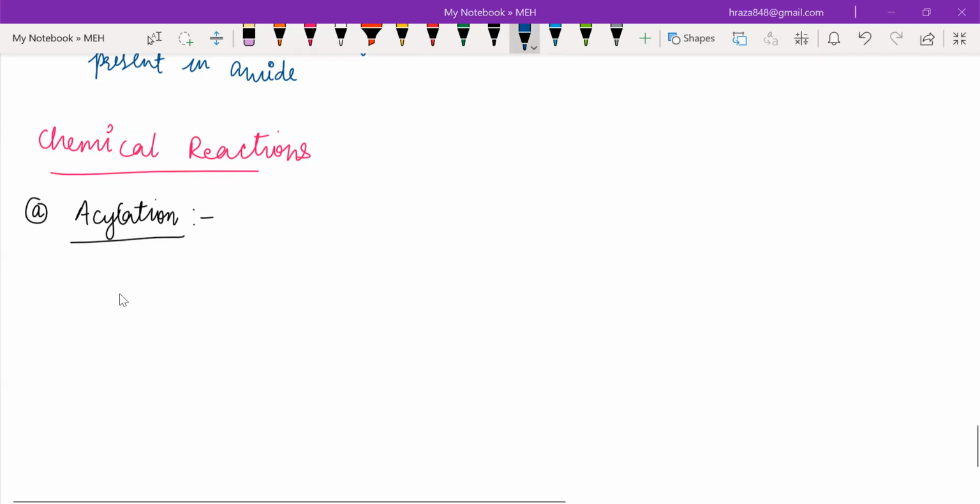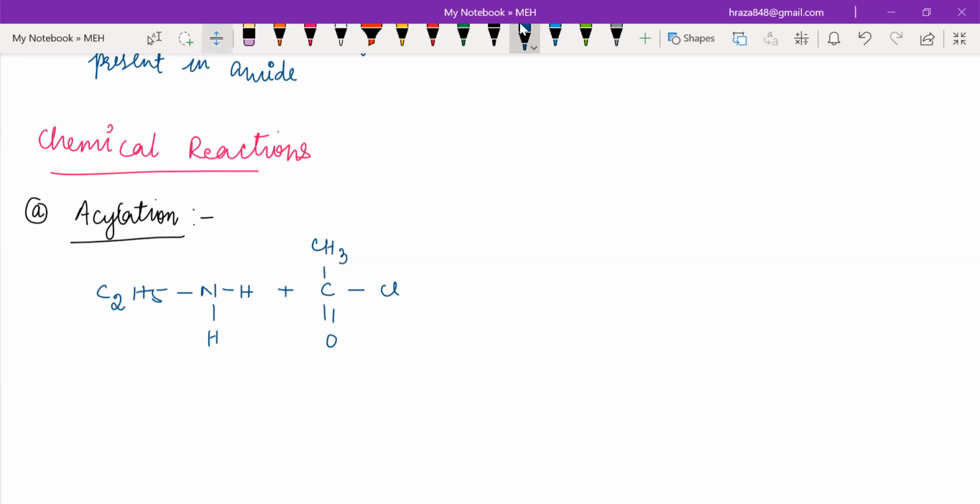It's very easy. There is a primary amine. You can easily understand that this is your primary amine. And if you have acyl halide, which is this acyl halide, you also know that oxygen is a more electronegative element, so it will take carbon's electron, and carbon will have a deficiency of electron.